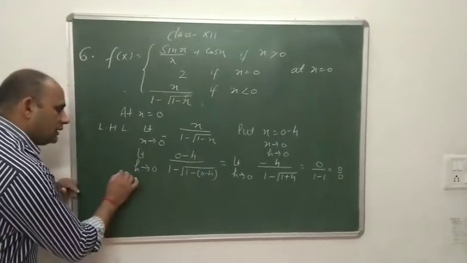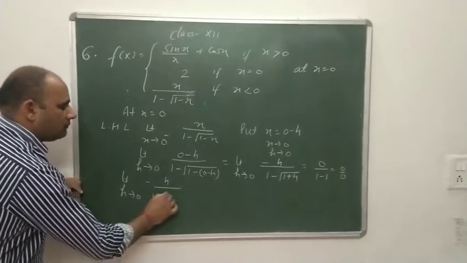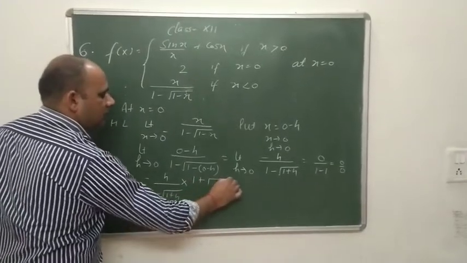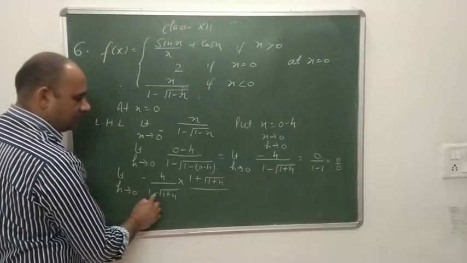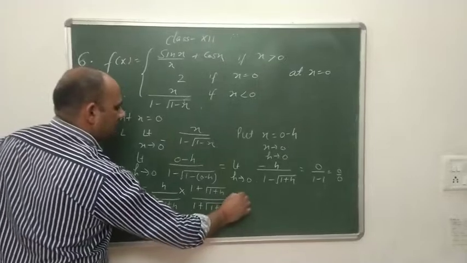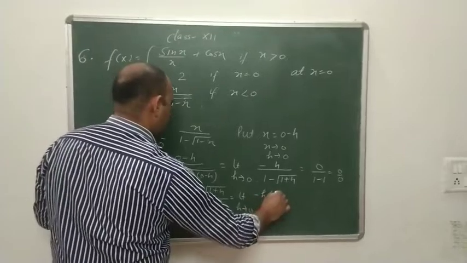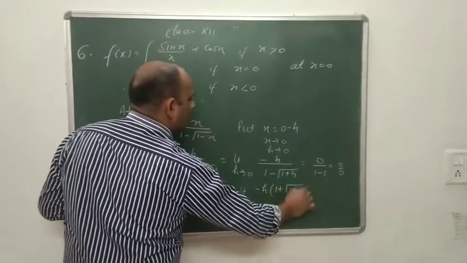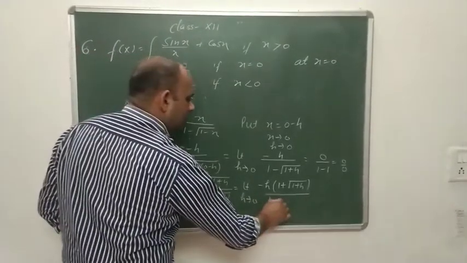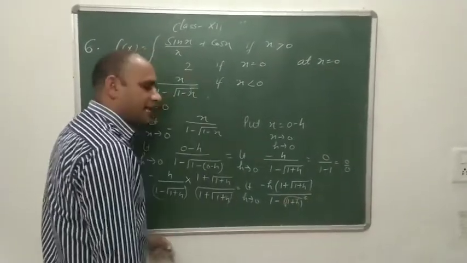In this case, limit h tends to 0 of minus h upon 1 minus root of 1 plus h, multiplied by 1 plus root of 1 plus h, because here the negative we will take positive. Limit h tends to 0 of minus h into (1 plus root of 1 plus h) upon, a minus b, a plus b, a square minus b square, so the square root cancels.